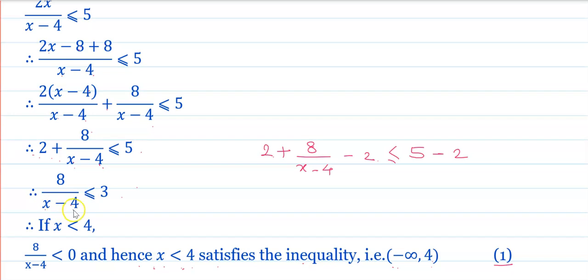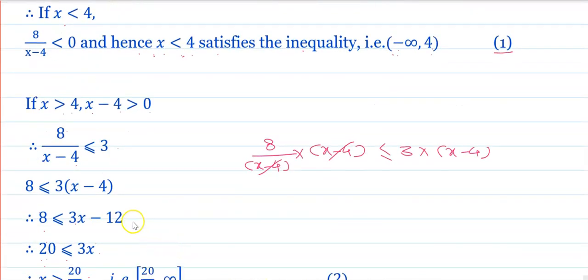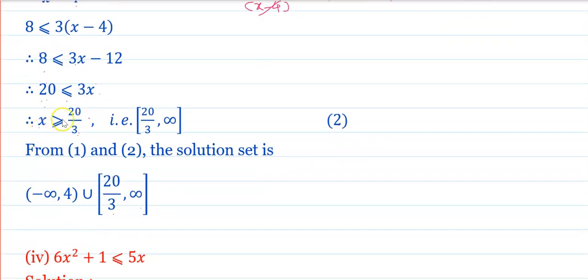It depends on x minus 4. If it is negative, then the interval is like this, minus infinity to 4. And if it is positive, that is x greater than 4, x minus 4 is positive. Okay, then simplify this. Then you will get x greater than 20 upon 3. Therefore, this is the closed interval 20 upon 3 to infinity.